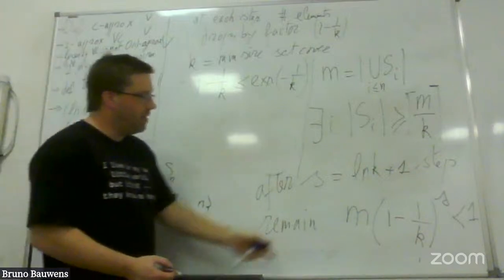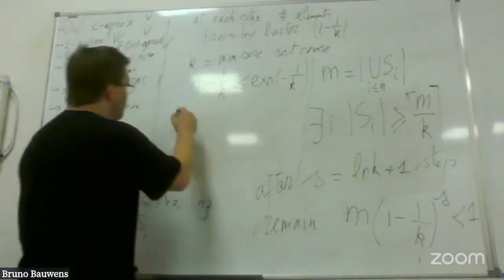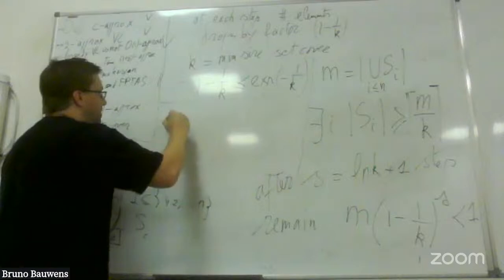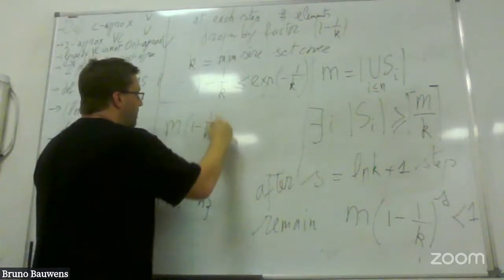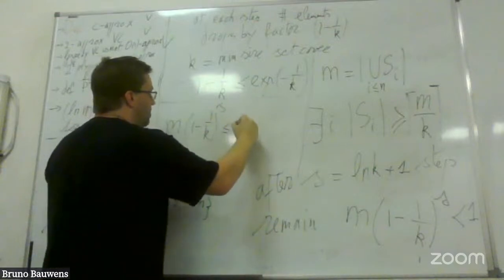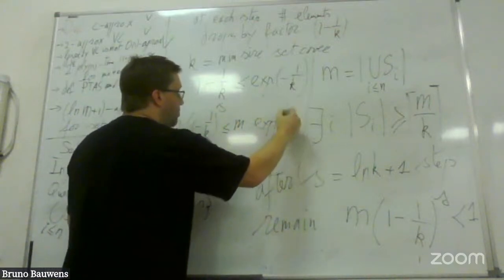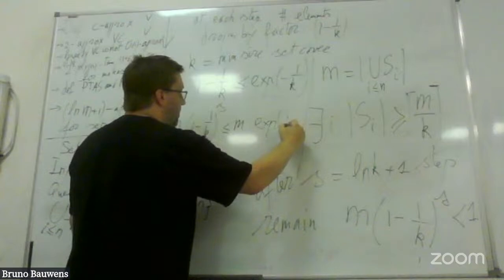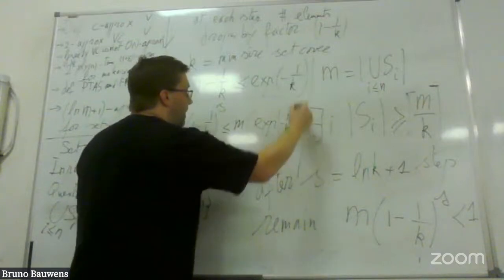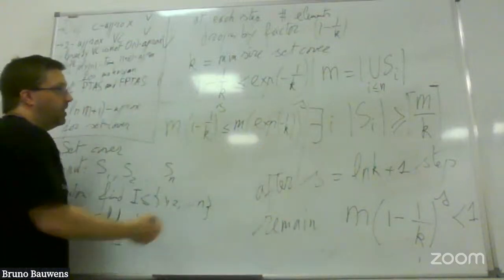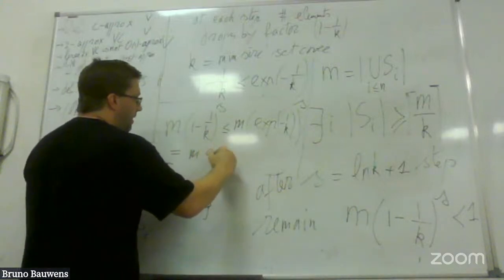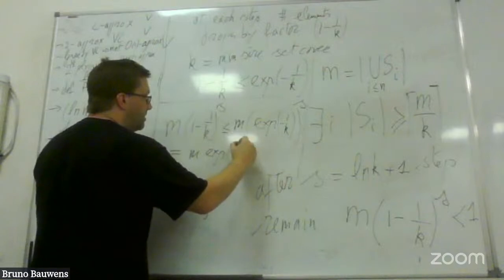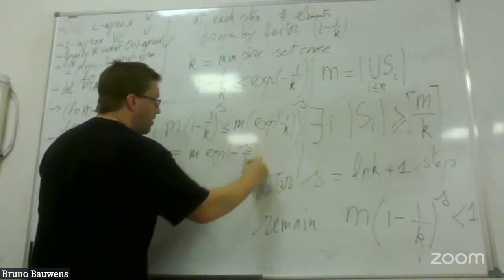Let us look at our formula: m times (1 minus 1 over k) to the power s is smaller than m times exponent of minus 1 over k, to the power s. Now s goes in the exponent, so it's equal to m exponent of minus s over k.